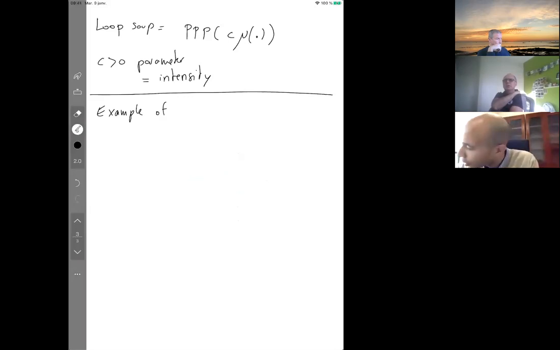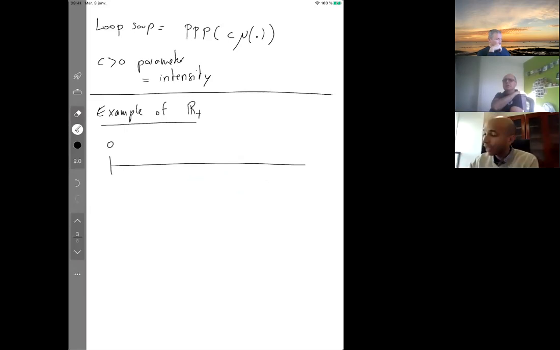So let's look again at the example of the positive half line. Now I have a Poisson point process with intensity C times the loop measure. What we said is the loop measure on R plus is just: I take the minimum with Lebesgue measure, and then I add an excursion above the minimum.